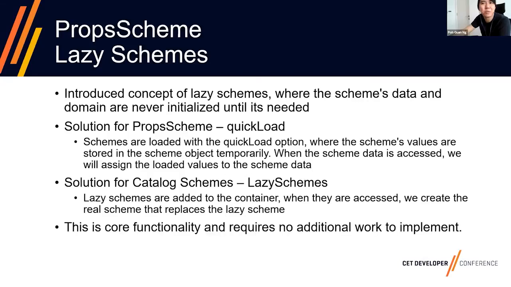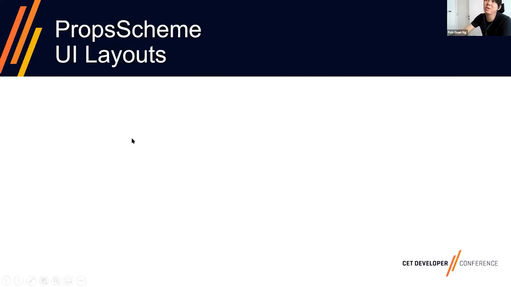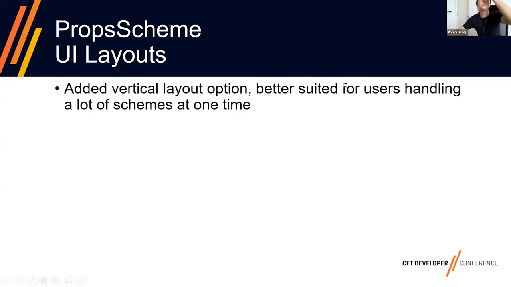So, lazy schemes. Okay, UI layouts. This is where I promised to show you some of the things that we talked about. But why did we do this in the first place? One piece of feedback we got on the layout before this was that if you have a lot of schemes, the original layout is hard to scroll through because it's a horizontal scroll at the top.